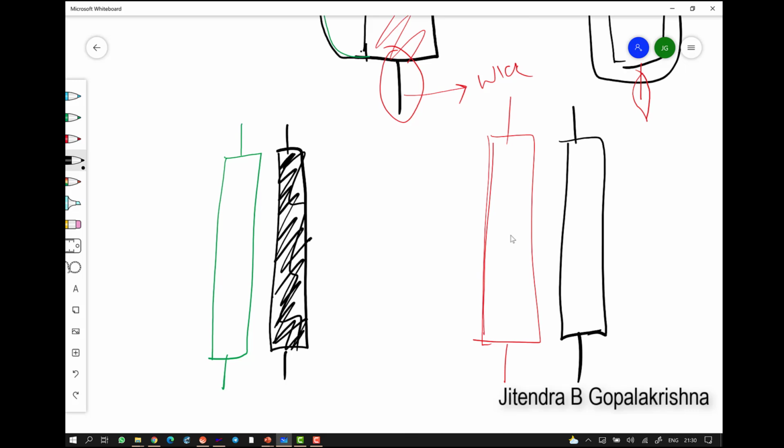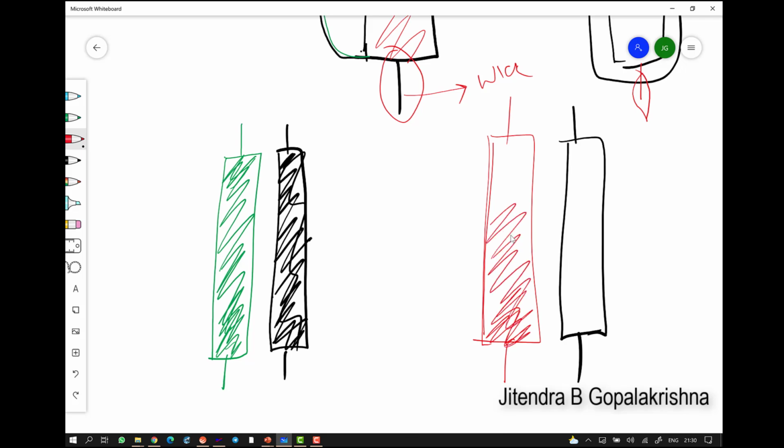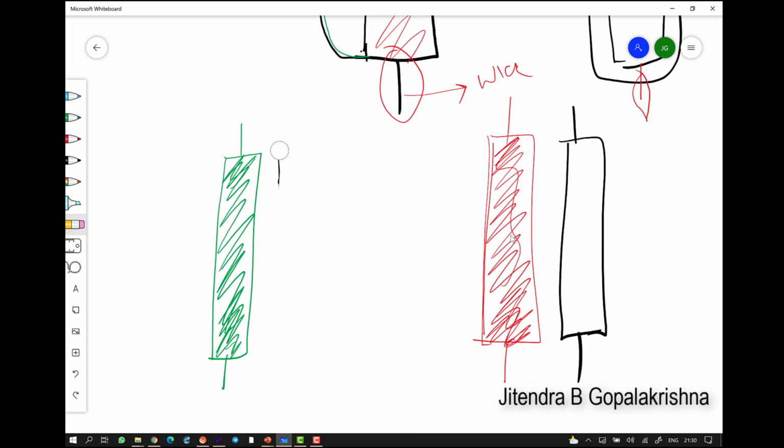Generally, a green candle is one where the body is fully green, and the other one is where the body is completely red, a red candle. So now for a green candle, let me take only the green candle and remove the other one so that it's not confusing.